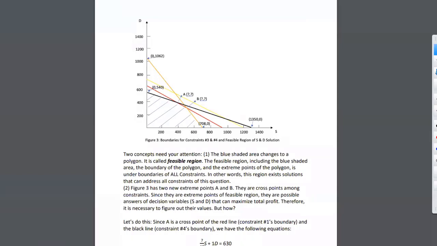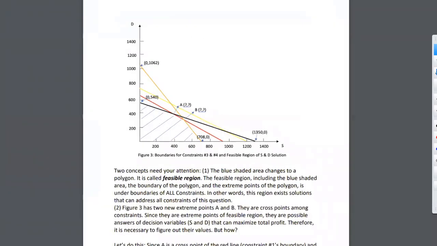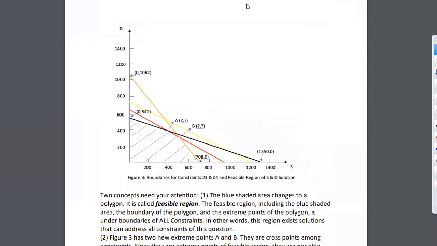And then I look at the fourth constraint. Oh, this is a combination of 4 constraints, right? You have point A and point B. Let me zoom in a little bit. Can you find out the values for point A and point B?